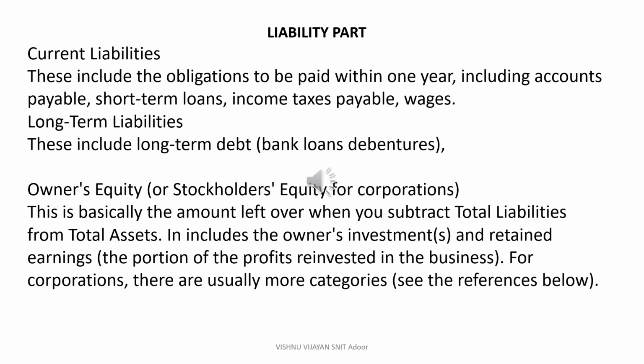So wages, then balance amount to pay as electricity bills or rent or interest, such type of unpaid expenses are also considered as current liability. Why? Because it has to be repaid within a short period of time. So current liability, within a year the company has to repay the debt.